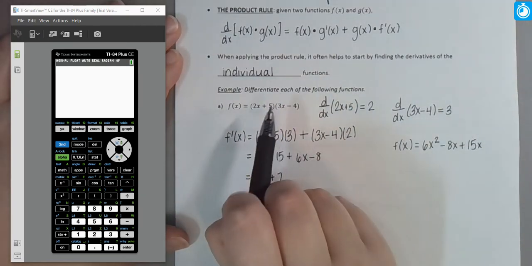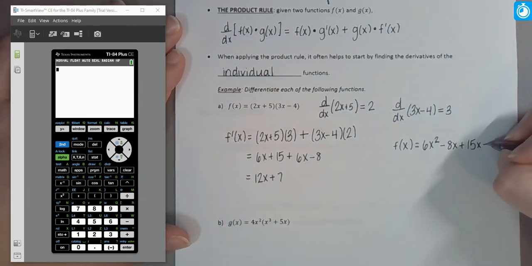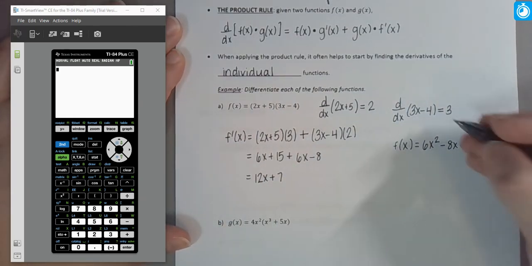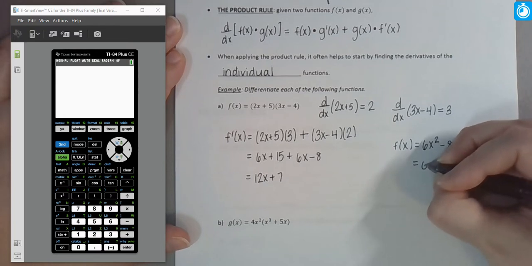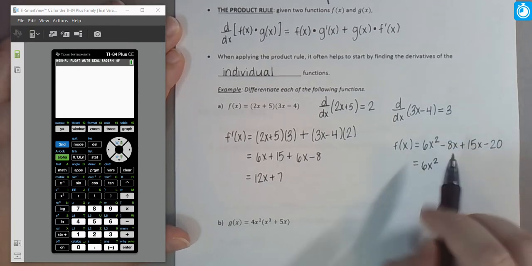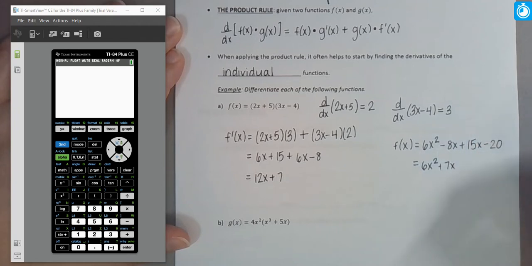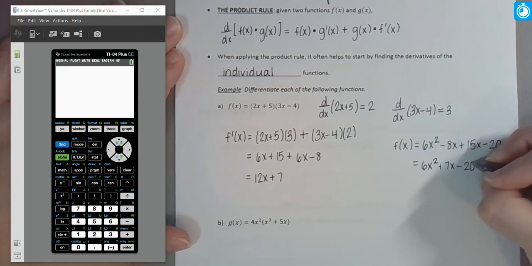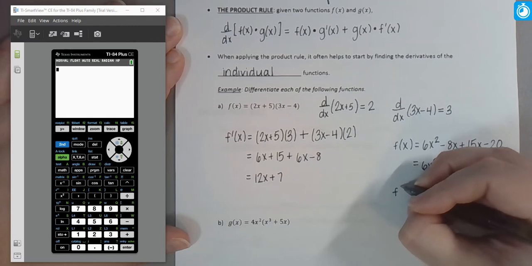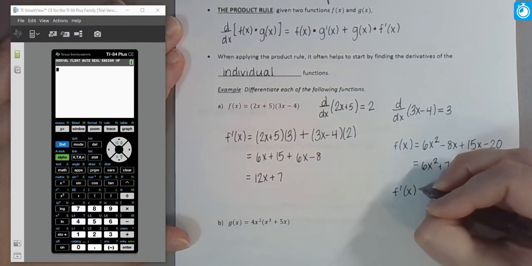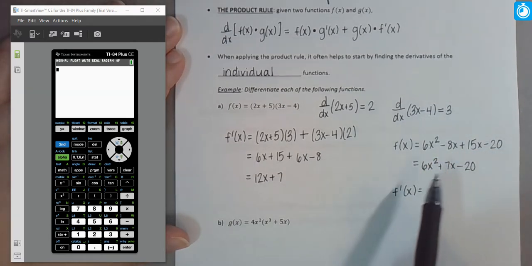And then the last pair, 5 times negative 4, would be negative 20. And then here we just need to combine our like terms. So that's going to be 6x squared. Negative 8x plus 15x is positive 7x. And then minus 20.